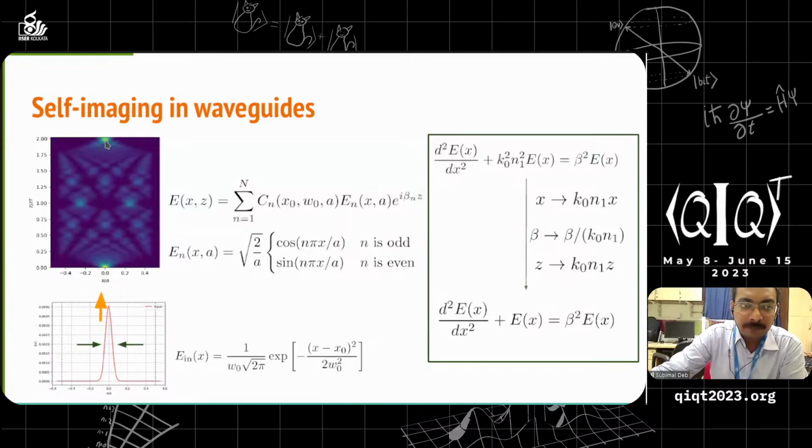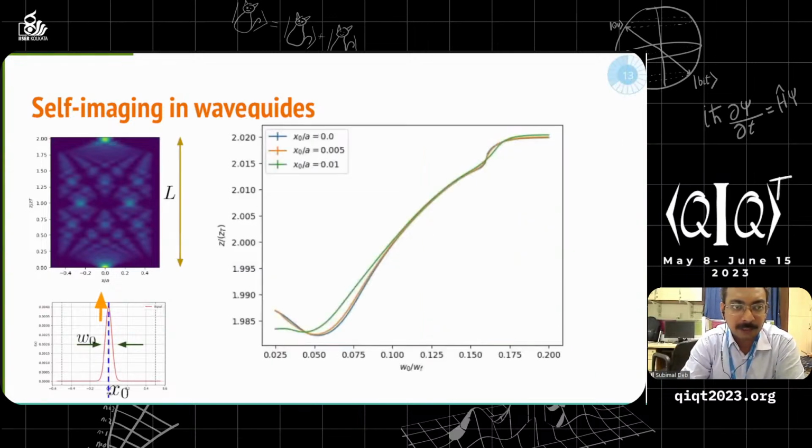We find the position of the local maxima numerically because we have the analytical expressions for it. And then we find that peak in the intensity by varying the two independent parameters that we now have, the width of the Gaussian beam and the offset of the Gaussian beam.